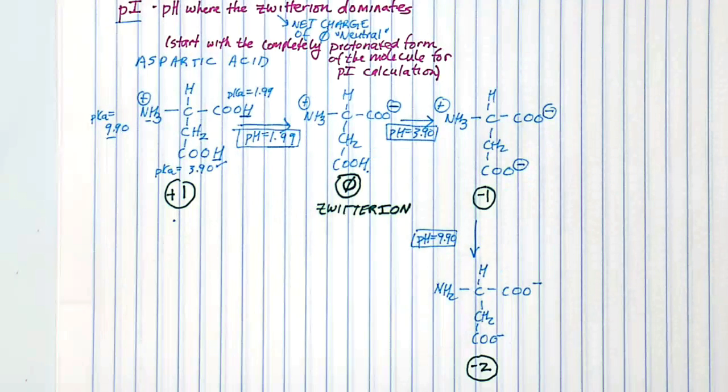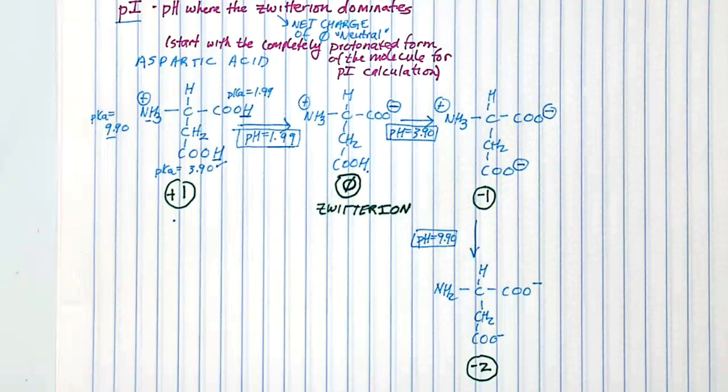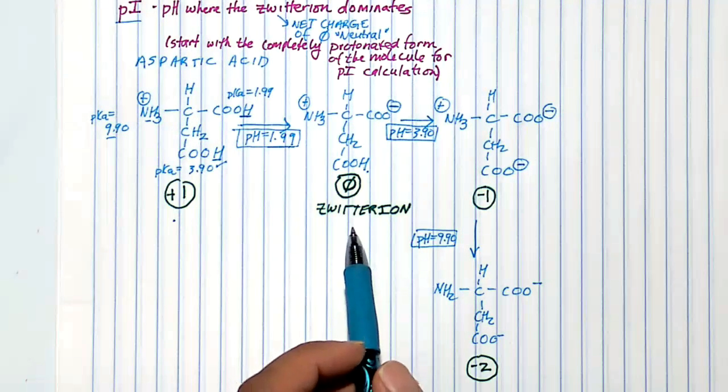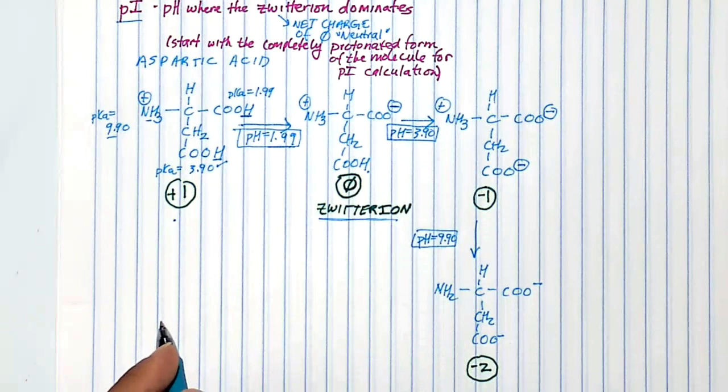We've covered all the pKa's by going through all the pHs in which the protons will come off at their corresponding pKa's. But what is the pI? If you remember by the definition, the pI is where the zwitterionic form dominates, in which the molecule of interest has a 0 charge.